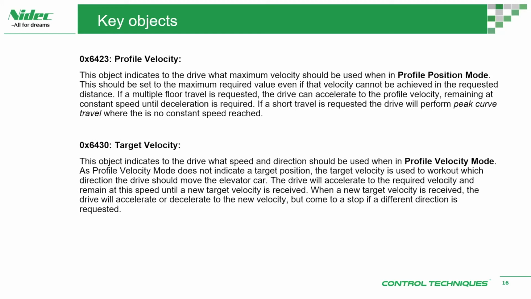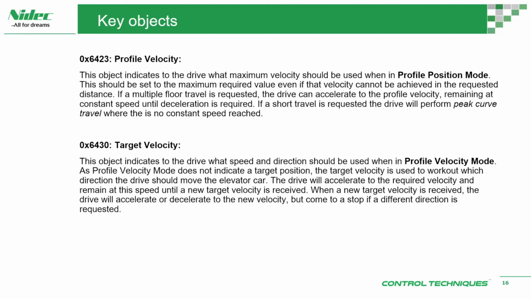If a multiple floor travel is requested, the drive can accelerate up to the profile velocity and remain at constant speed until deceleration is required. If a short travel is required, the drive will perform what we call a peak curve travel, where there is no constant speed. There is just acceleration and then immediately deceleration, which optimizes the travel curve.